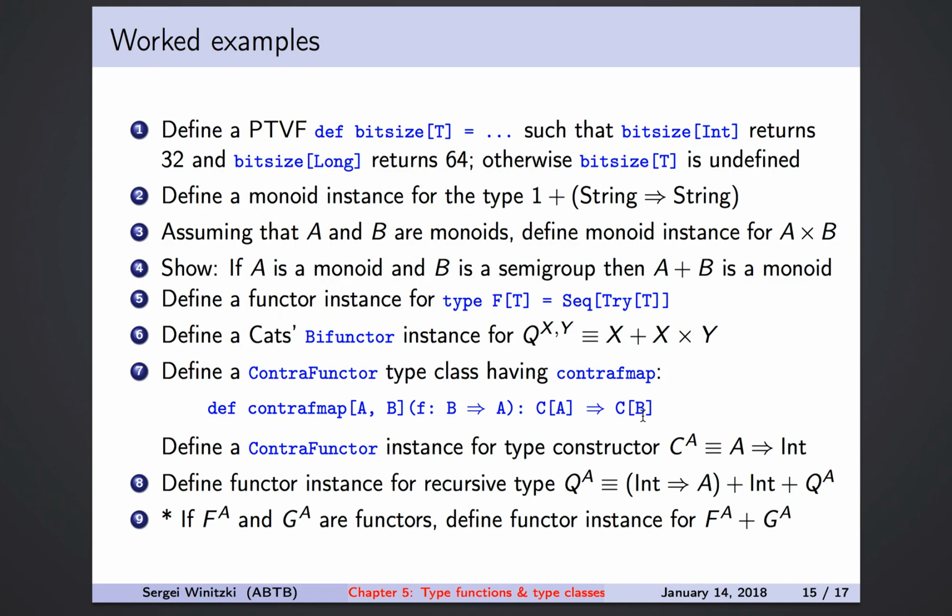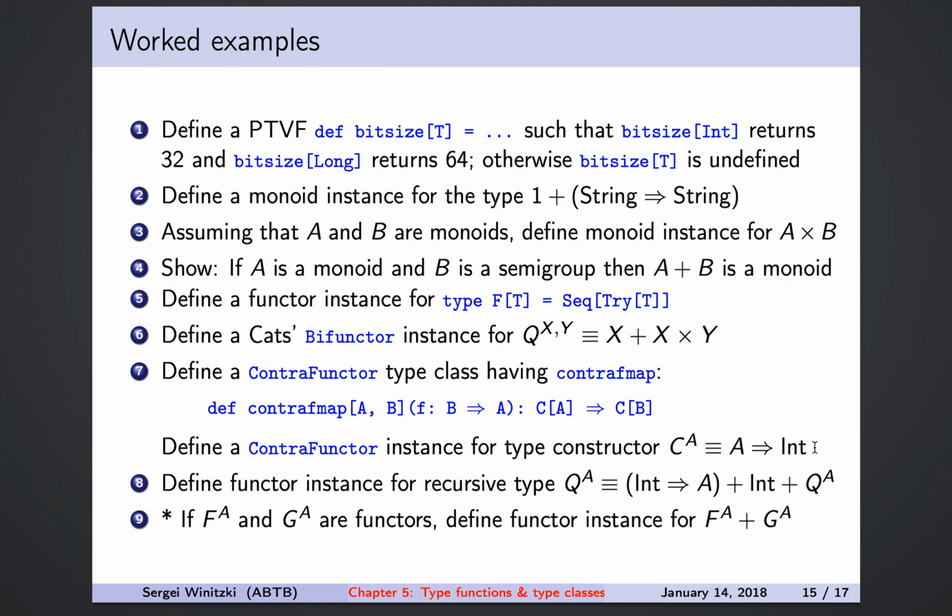So it's a contrafunctor, and the example consists of first defining a new type class, having this partial type to value function, and then to define an instance of this type class for the type constructor of this formula, which is type argument a going to integer. So this is a contrafunctor because the type argument is to the left of the function arrow. And we expect to be able to define an instance of a contrafunctor type class for this type constructor.